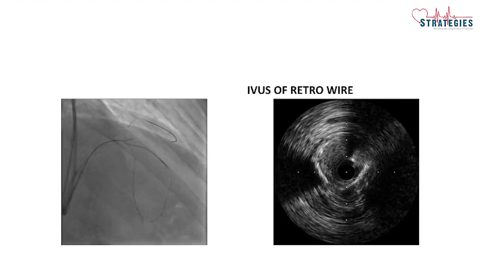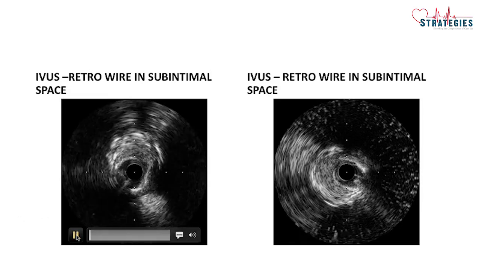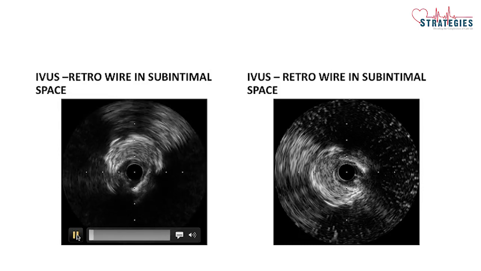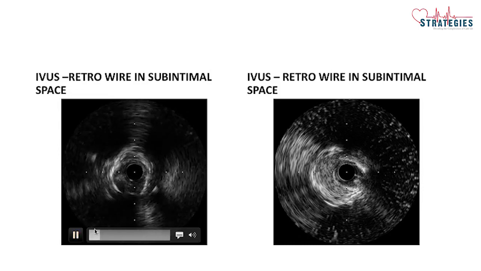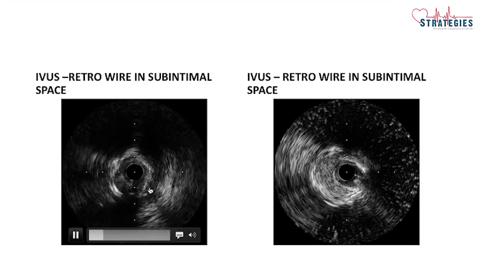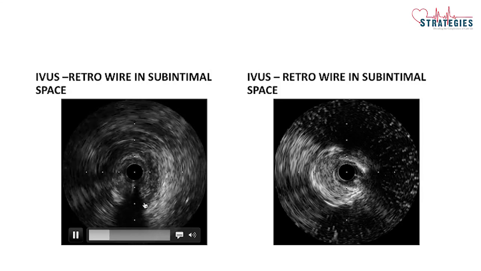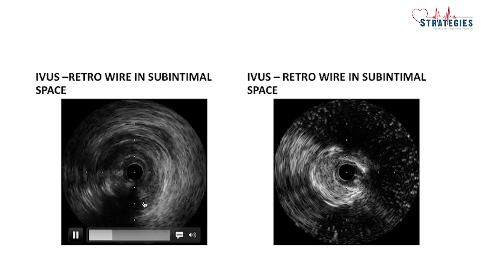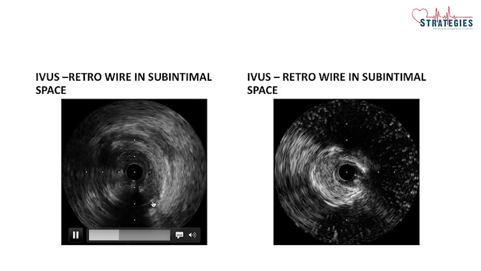So this is the fluoroscopic location of the wire, and what it looked like in IVUS. And you can see again the same wire location in IVUS. So this is an IVUS run from the septal artery. You can see there is a wire here around 5 to 6 o'clock, which is in a subintimal location.